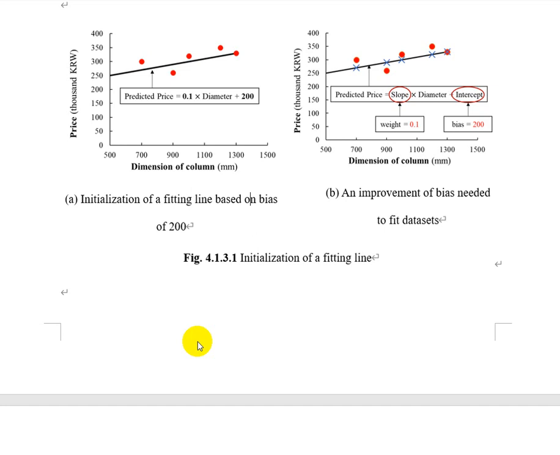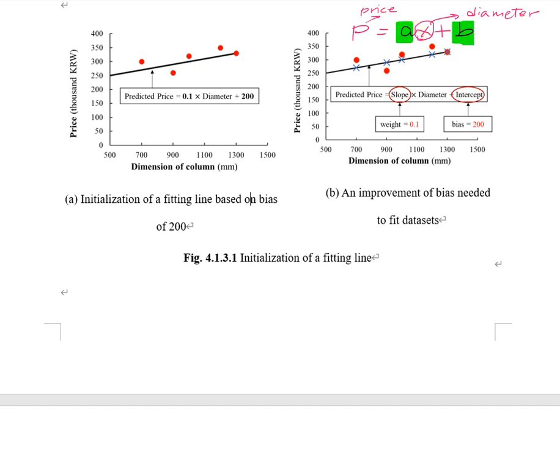If we use a linear line to fit price and diameters of columns, we're going to use this formula: the price equals the slope, let's say, ax plus b. So x is the diameter of the circular column, p is the price of course, and a is the slope of the line that we are initializing for fitting this input and output data, and b is the y-intercept.